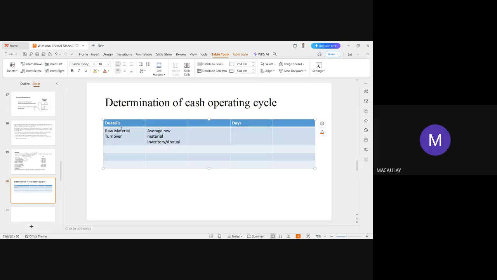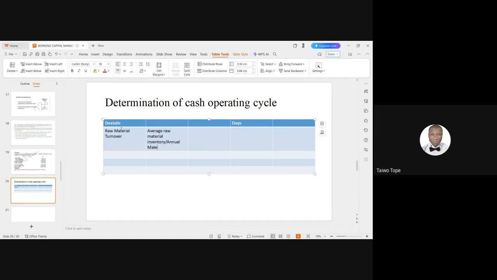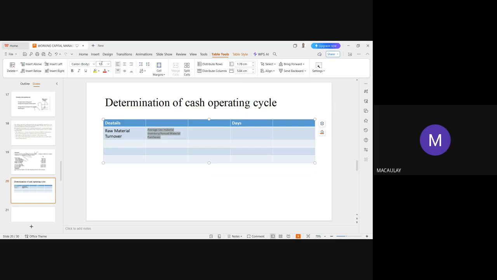Annual purchase, or we can say annual material purchase. All these will be multiplied by 365 days.